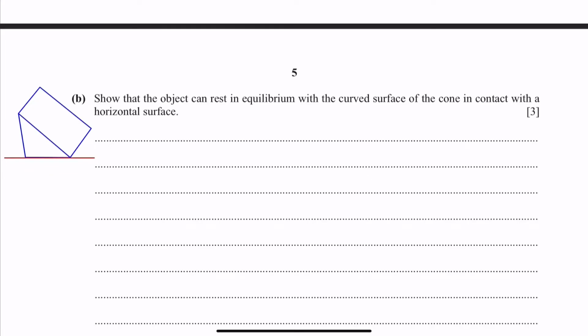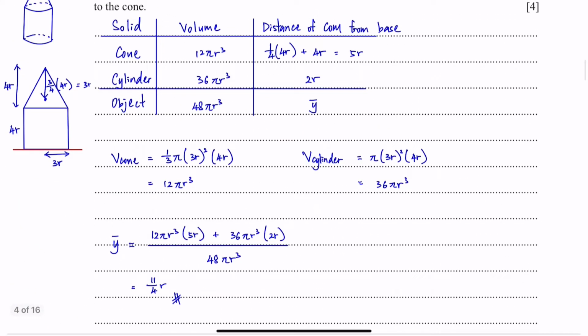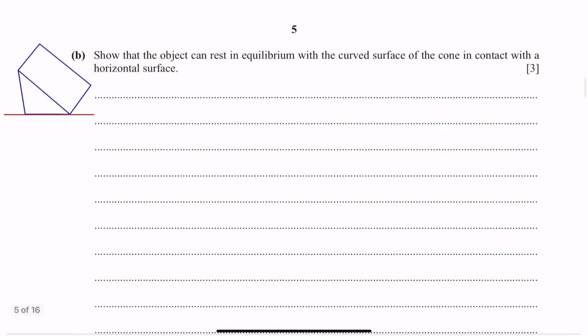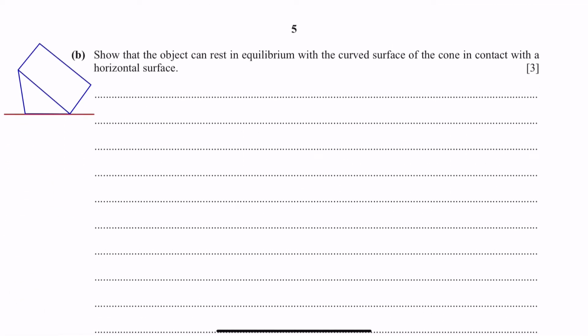So we know that the distance of COM from the base is 11 over 4r. That means this is around here maybe. This is definitely still in the cylinder. So we have the COM, let's say it's over here.